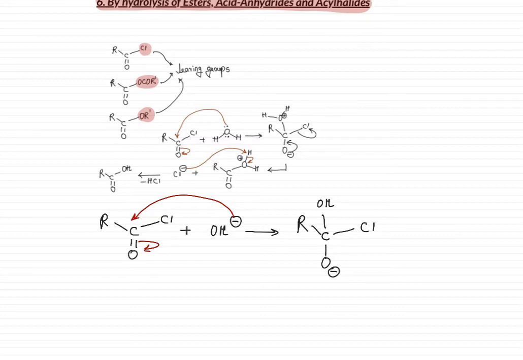Right? Now it is all about this moving in and this moving out. So you have RC double bond O and OH plus Cl minus. Obviously, in basic conditions, RCOOH would become RCOO minus.